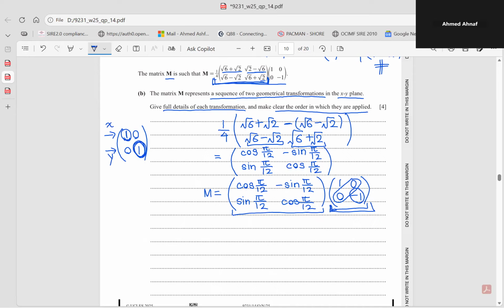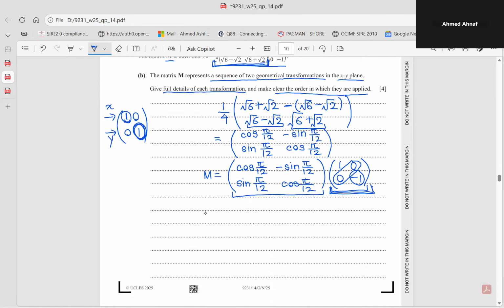So the first transformation we can say is vertical. Never mind, just say reflection across the x-axis.